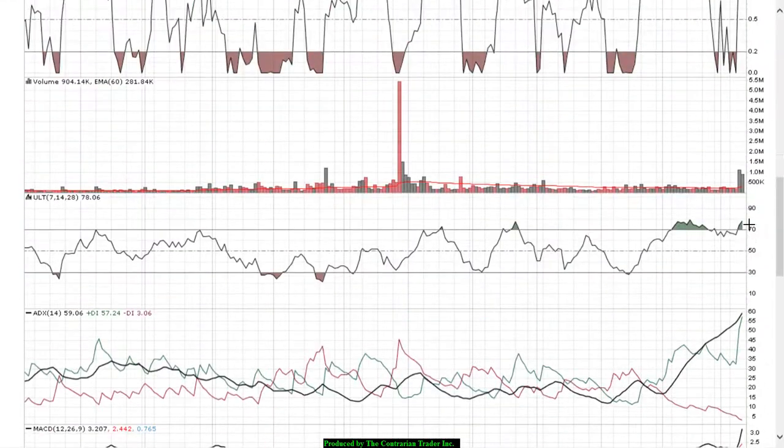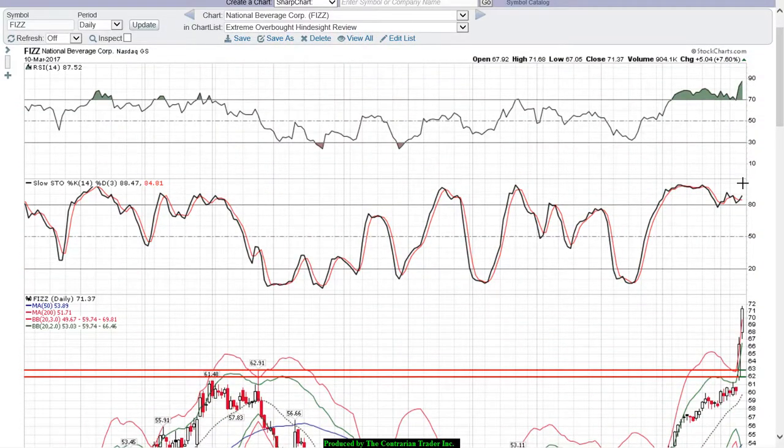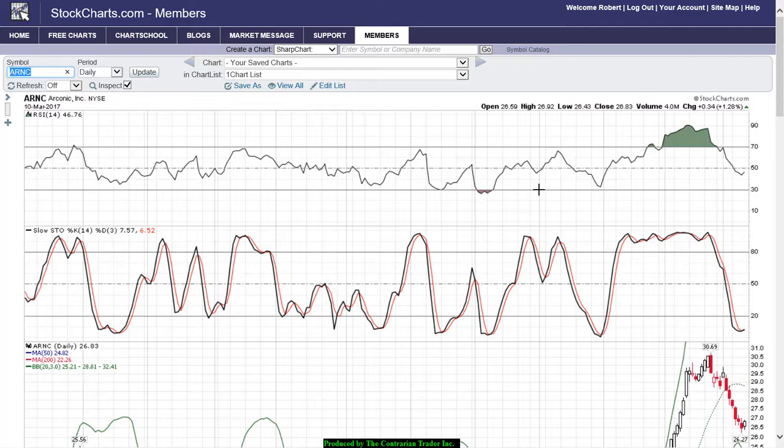In fact, volume is telling us that they're accumulating a position. So I think that the shares are moving higher. We will be looking for topping tails, meaning a sign on price that we have sellers moving in. And then we will look to open up a short position on FIZZ. More to come, members. Next chart up, ARNC.